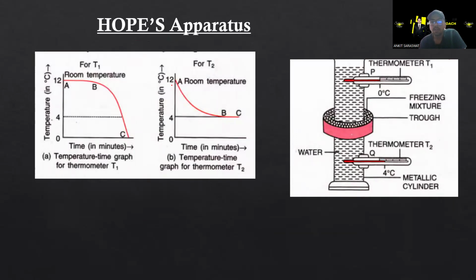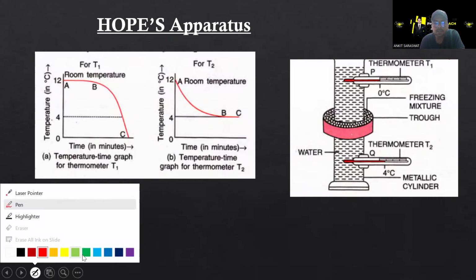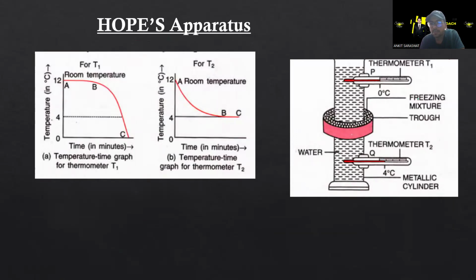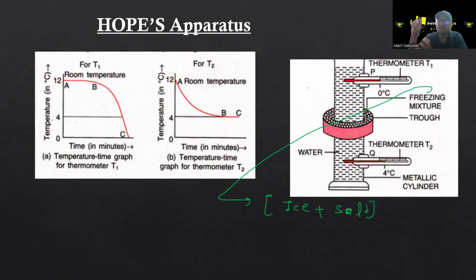Now if you look at this apparatus, in the central portion we have a freezing mixture, which is ice plus salt, kept in the middle in a trough. A trough is just like a beaker. In that beaker, you put some freezing mixture around the central part of this metallic cylinder, like a test tube.